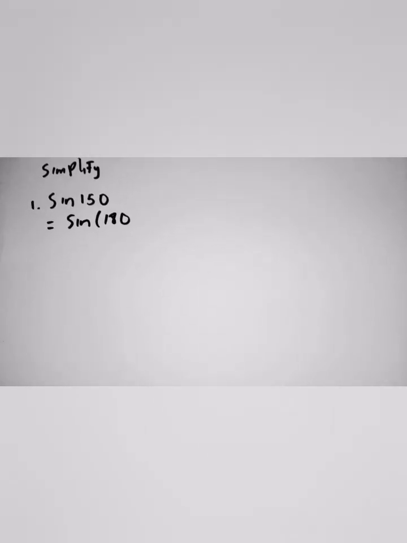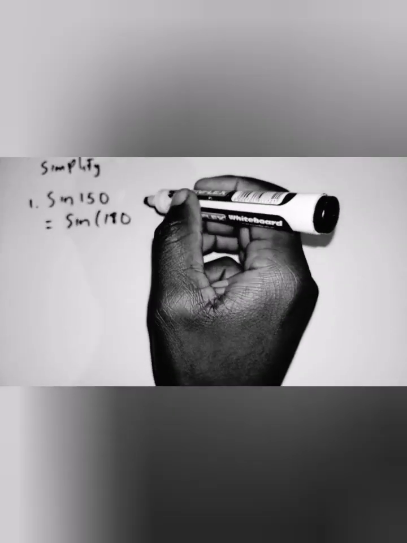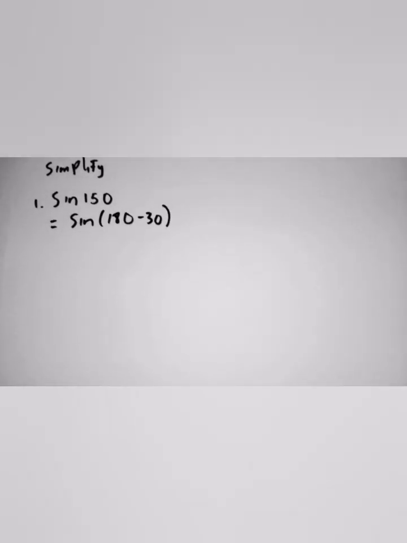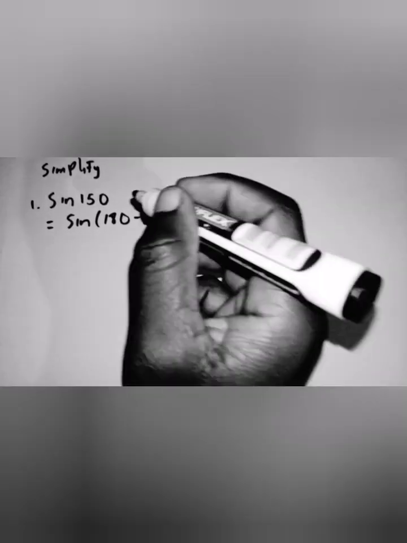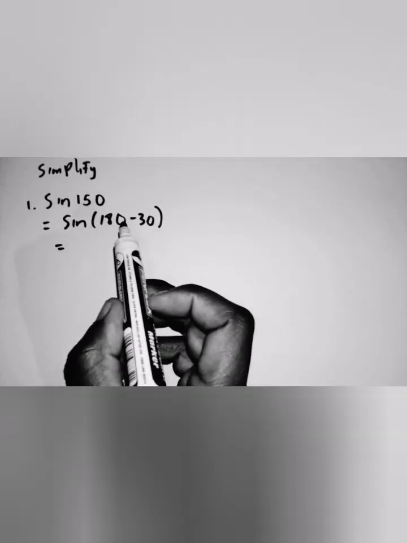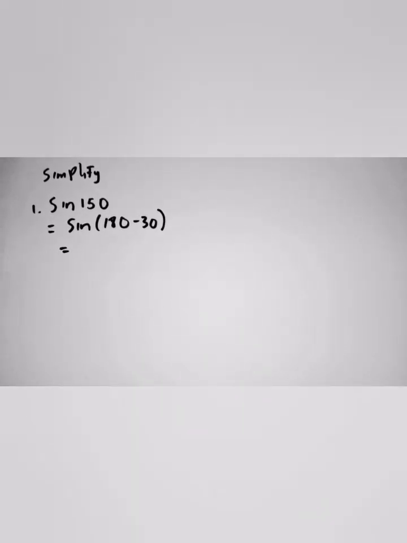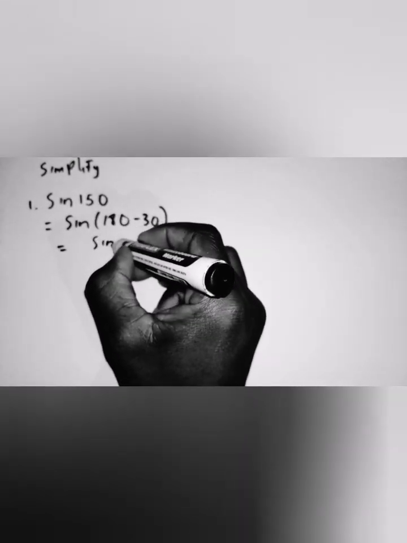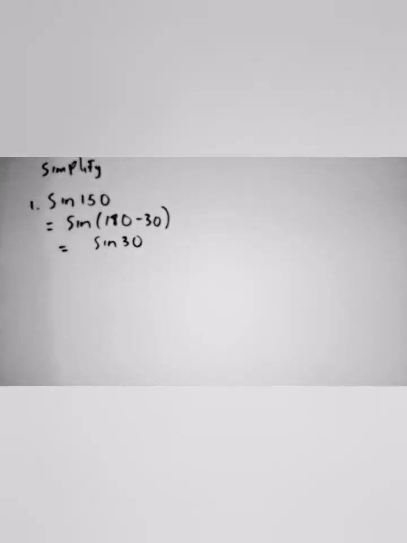Minus the number that they subtracted from 180 to get that 150, which is 30. So 180 minus 30 is on the second quadrant, and on the second quadrant sine is positive. Therefore we'll have sine 30, or positive sine 30.